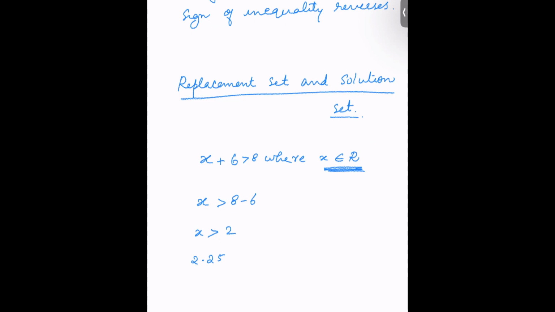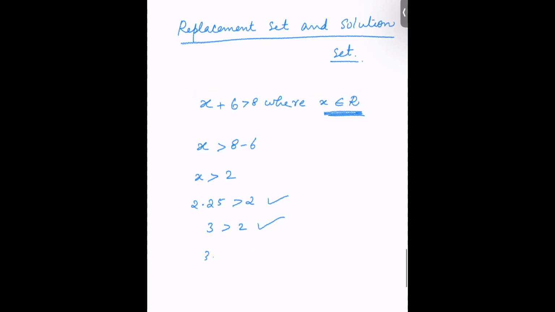If I get a value x is 2.25 greater than 2, it is correct. If I write 3 greater than 2, it is correct. If I write 3 root 2 greater than 2, it is correct. So under real numbers, rational, irrational, everything comes. So all these are valid cases.